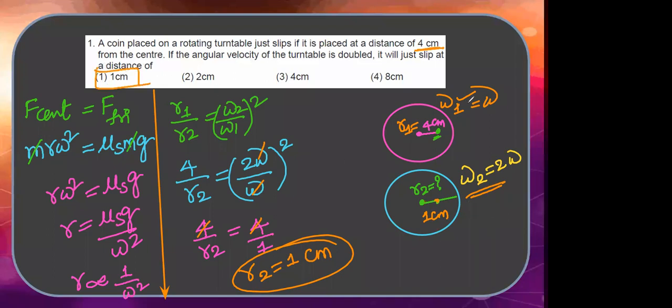Initially the angular velocity is omega, and the coin placed 4 centimeters from the center will skip. On increasing the angular velocity to 2 times, even if it is placed at 1 centimeter from the center, it will skip. At less than 1 centimeter distance, it won't skip.